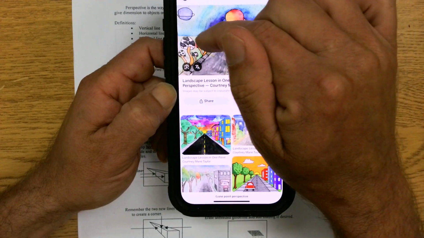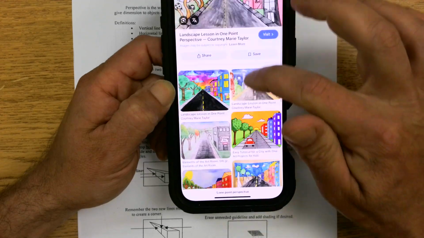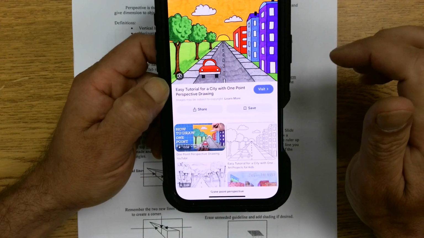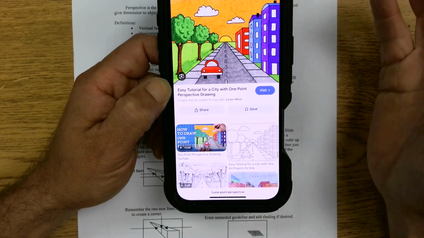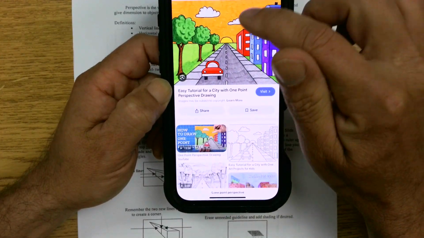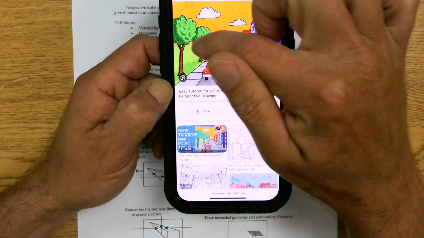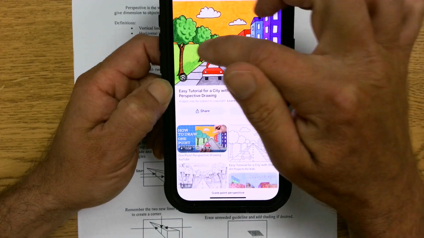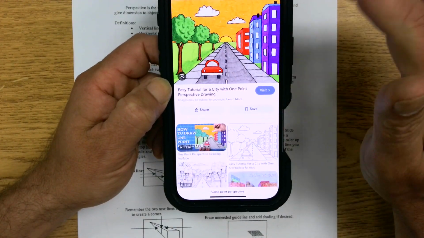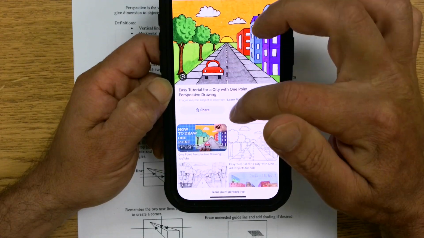And it's this imaginary line where the vanishing point sits. Usually we think of the horizon as where the sun disappears or comes up. You can see that line going across the middle of this piece of artwork. That's the horizon line. It's where the sky meets the ground, basically.